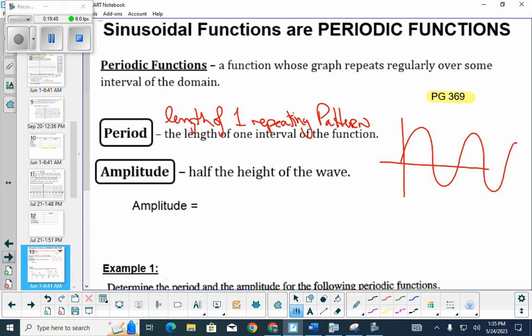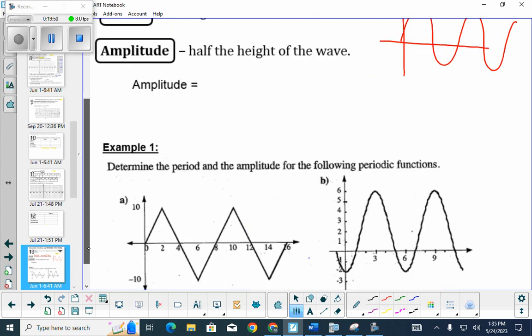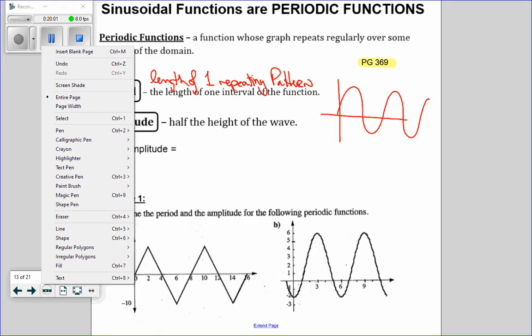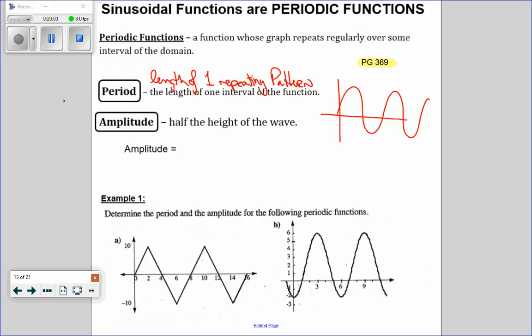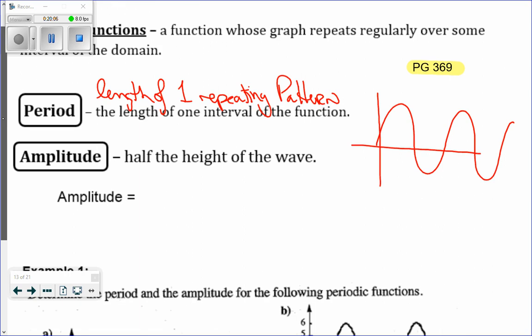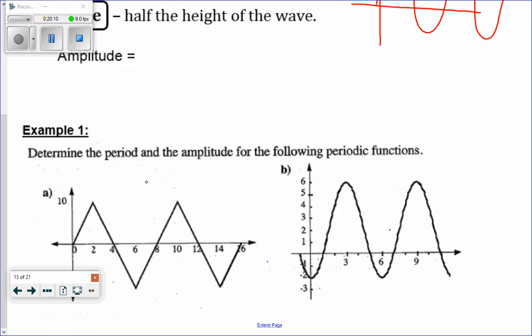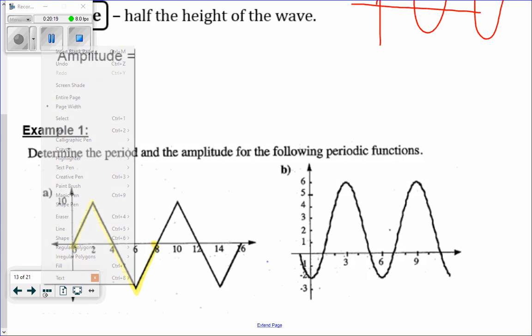So if you just go down here, let's take a look at this little pattern here. Okay, if I start at 0, 0, the pattern goes up, down, up. And then do you see?